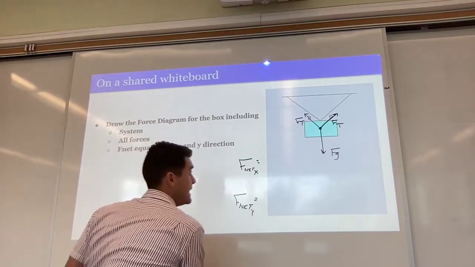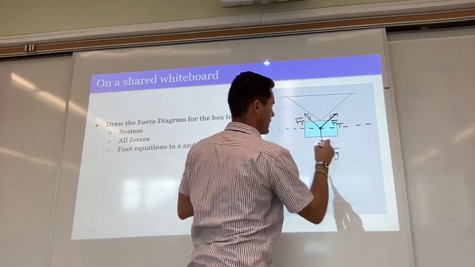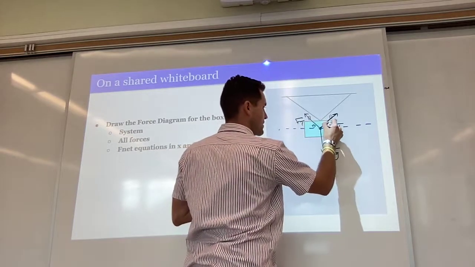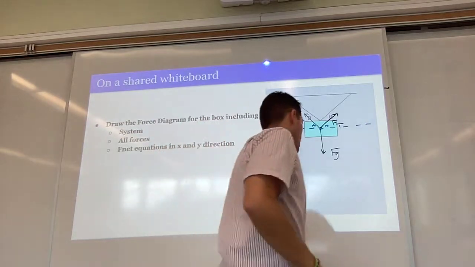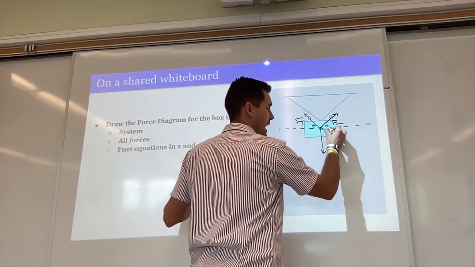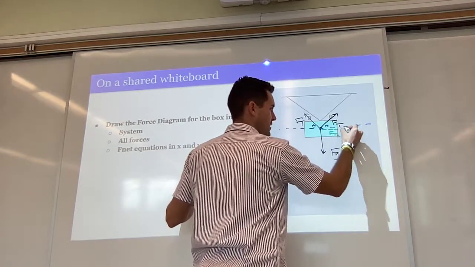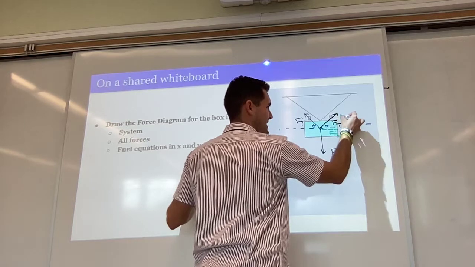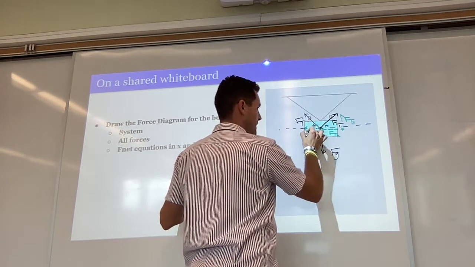So what that means is I actually have components. I've got components of tension forces acting a little bit vertical and a little bit horizontal. So just like we did when we launched things at angles, I'm going to have to examine what this tension force in the x direction is and what this tension force in the y direction is. And I'm going to have to do that for both.